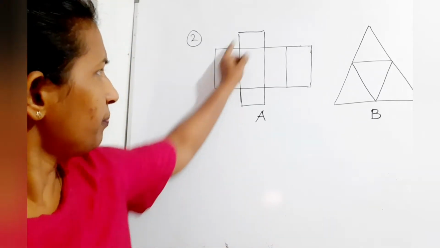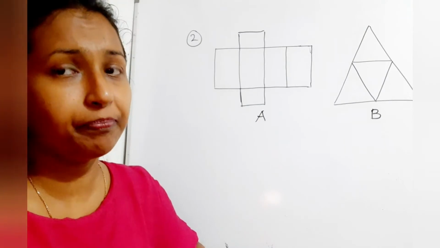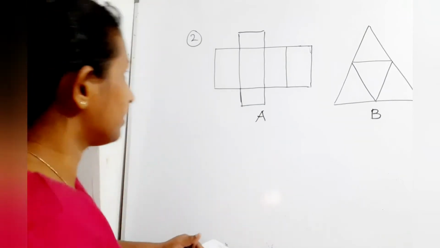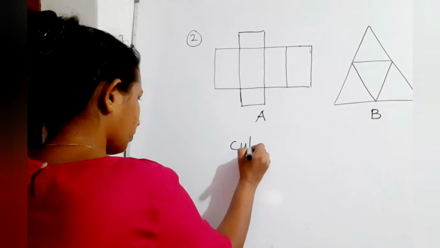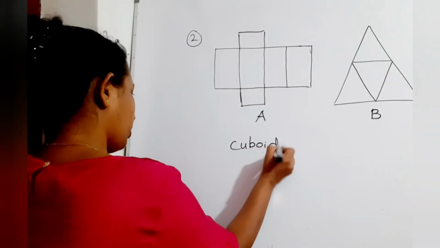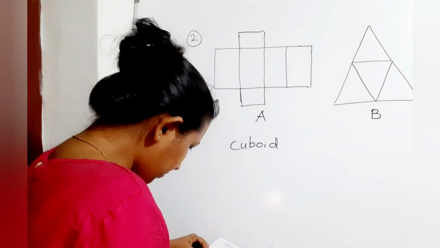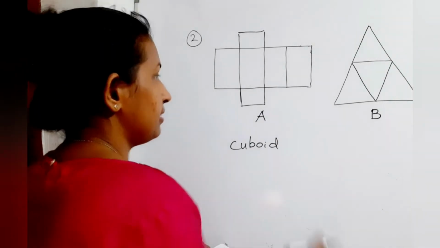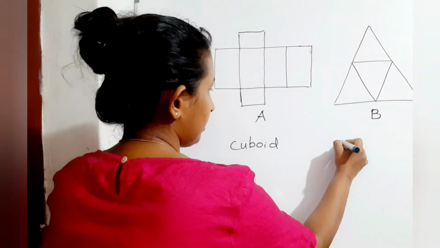Right, Putala, by using this net, what is the solid that you can have? Yes, it is a cuboid. You can have a cuboid by using net A, and here a regular tetrahedron.